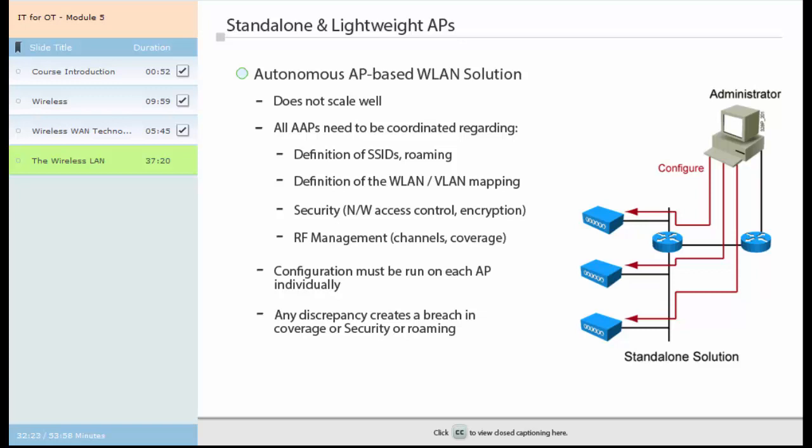And these configurations need to be coordinated in order to provide a homogeneous service in terms of RF coverage, mobility, and security. When implementing a large wireless network with a great many access points to configure, implementing a wireless LAN controller for centralized management and monitoring of the wireless network environment in APs is beneficial.